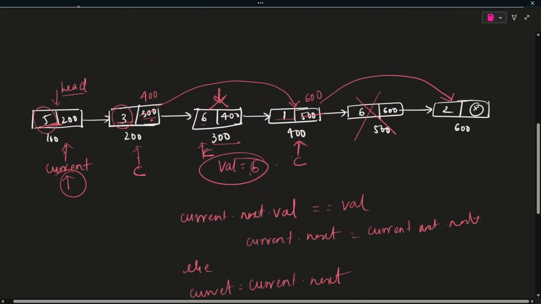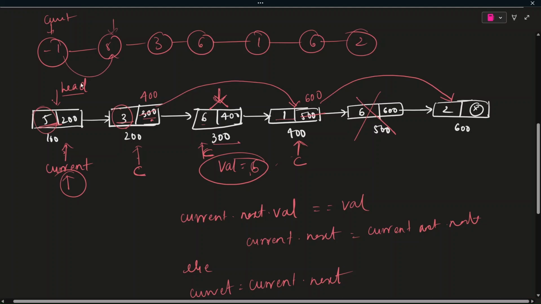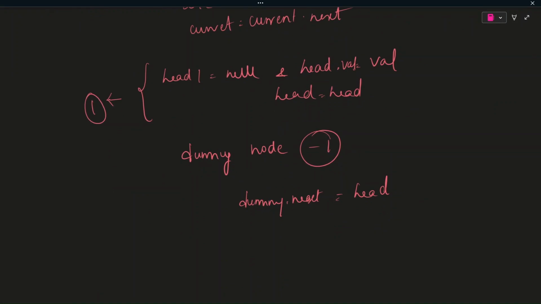Same thing here, -1, then 5, then 3, then 6, then 1, then 6, then 2. So if the current is pointing here, then what I'll do? Current dot next dot value means it will check from the first node of the linked list. So this is the second way. So this is the first way and this is the second way.